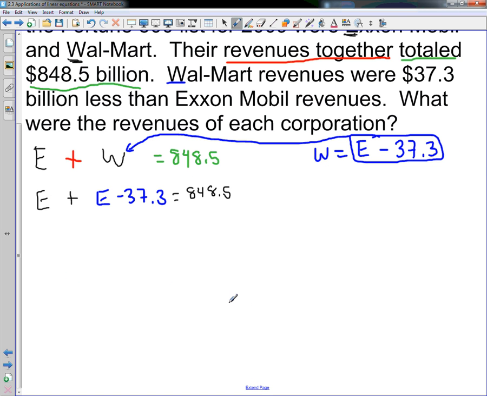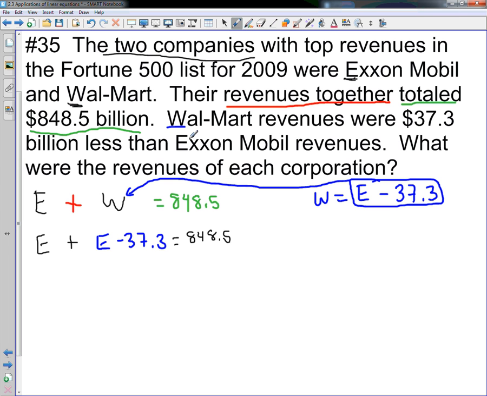Okay, so you can see how I've replaced the Walmart revenue, which it was told was 37 billion less than the Exxon. Okay. So now it's combining like terms. So we have 2e, so we have 1e plus 1e, minus 37.3 equals 848.5.